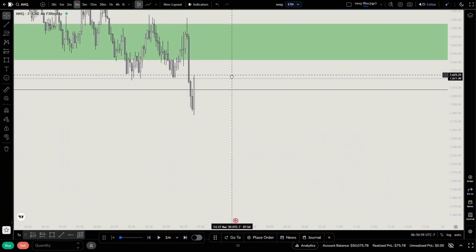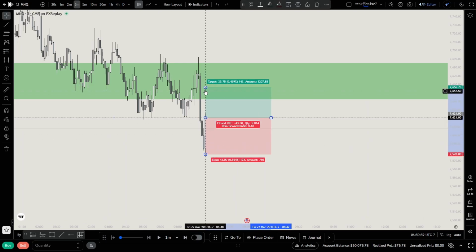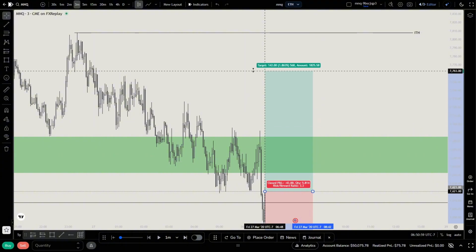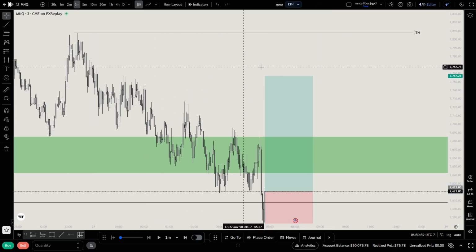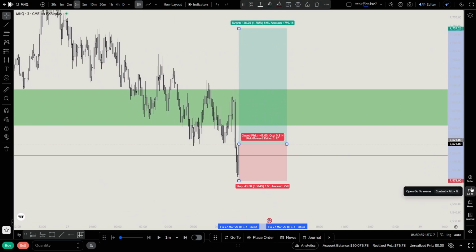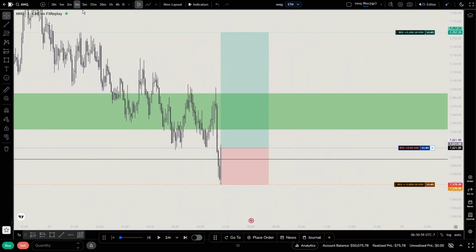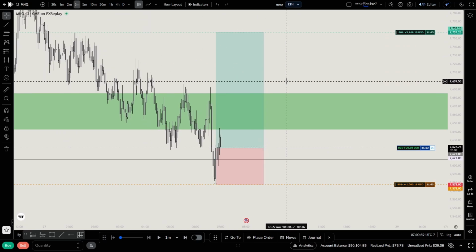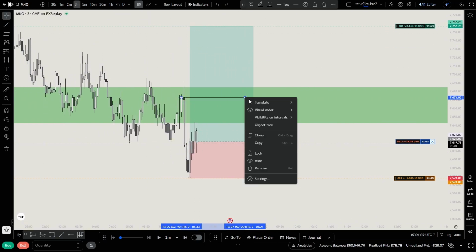Now 3 minute seems like a good point. 5 minute is there as well, but I wouldn't want to get that risk to reward ratio. So the entry would be right there, I'd say. And this ID, I would like to see this right here.